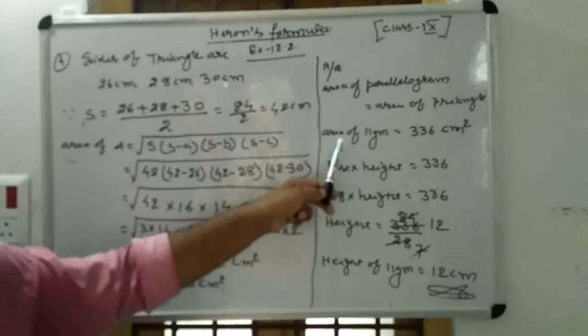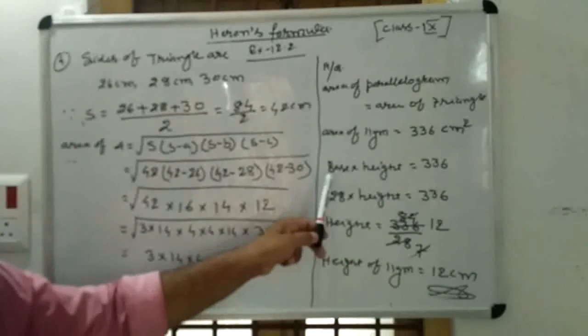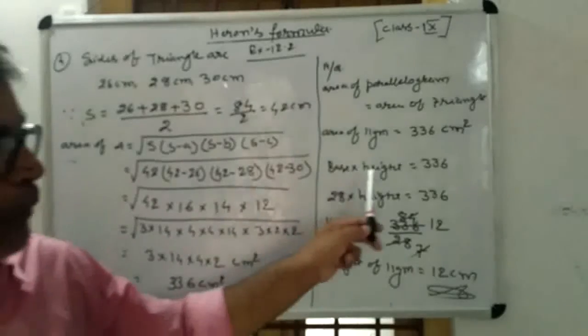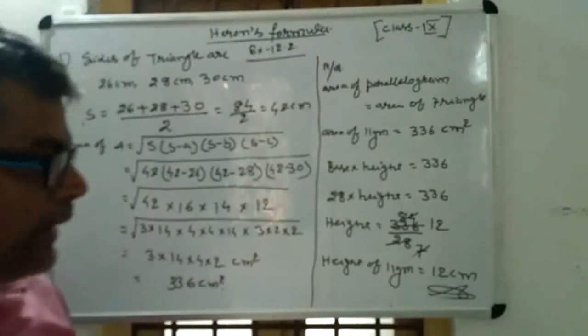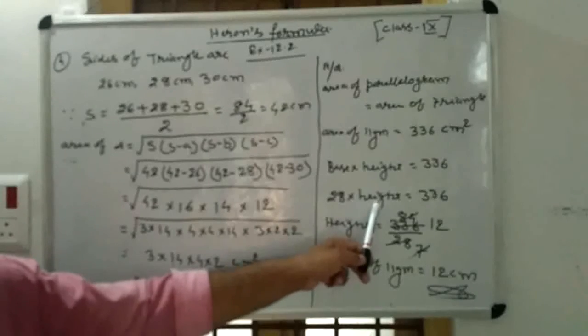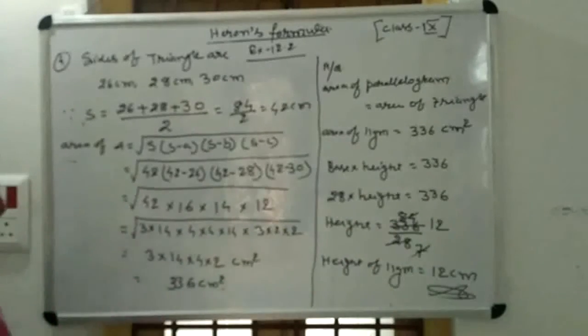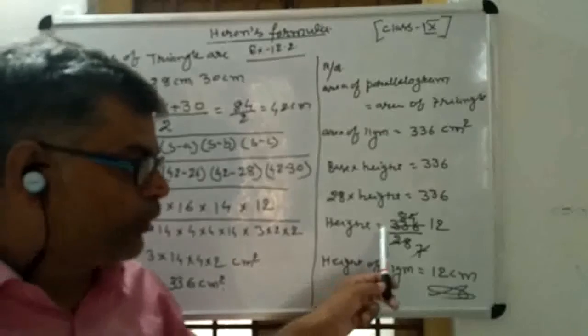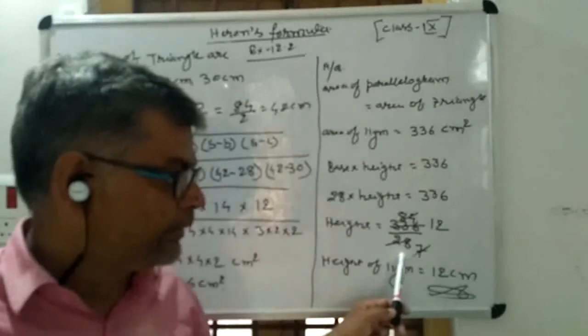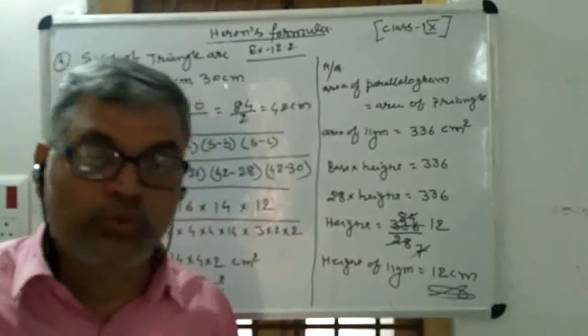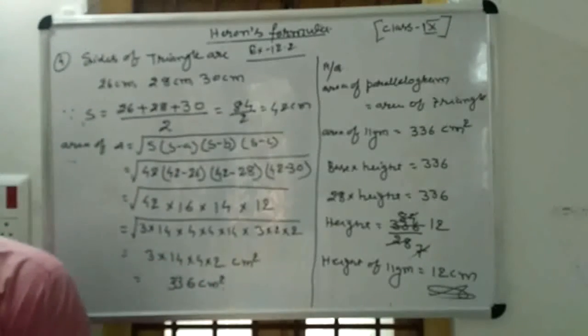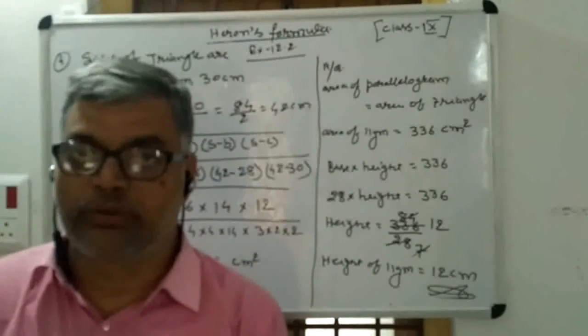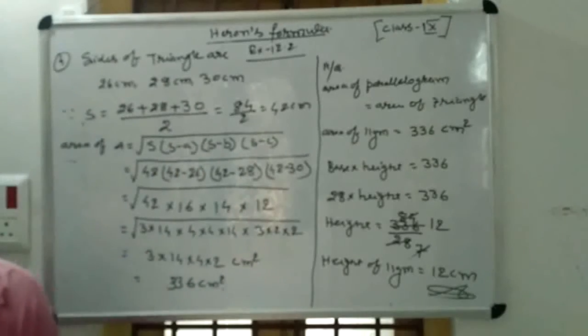And we know that the formula for area of parallelogram is base into height, which equals 336, so 28 into height is 336, and when you divide it, height will be 336 by 28, which is equal to 12 centimeter. This way you got the corresponding height of the parallelogram, which is 12 centimeter. So in this way your solution for this question has been completed.